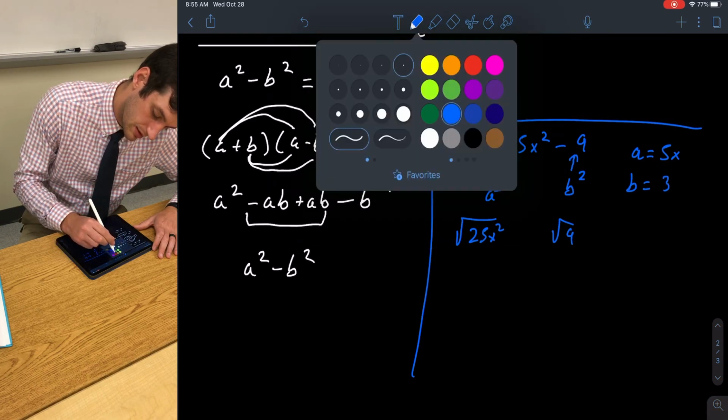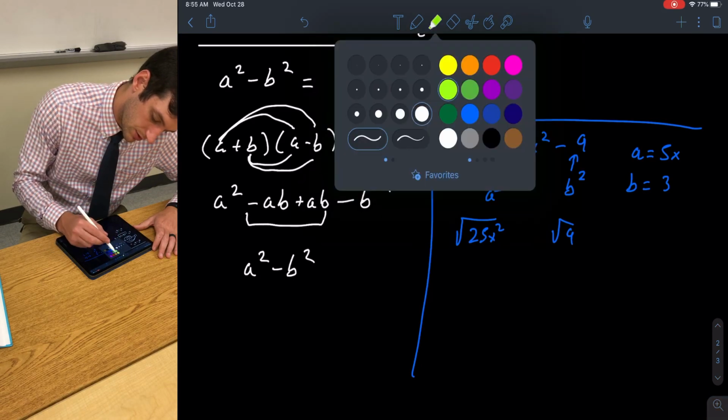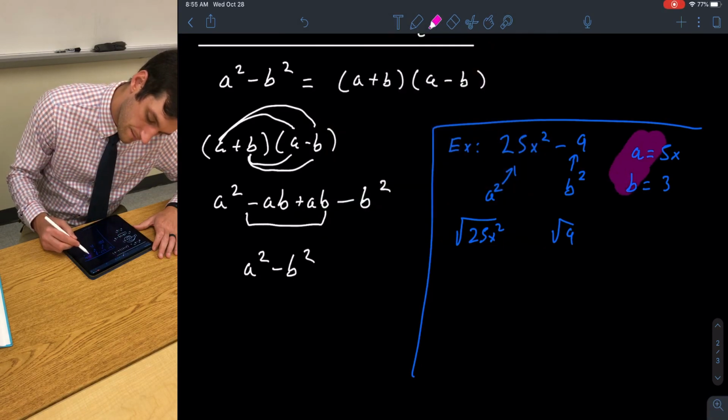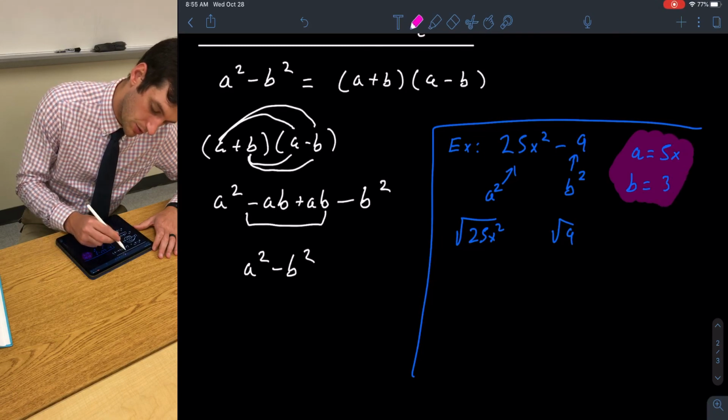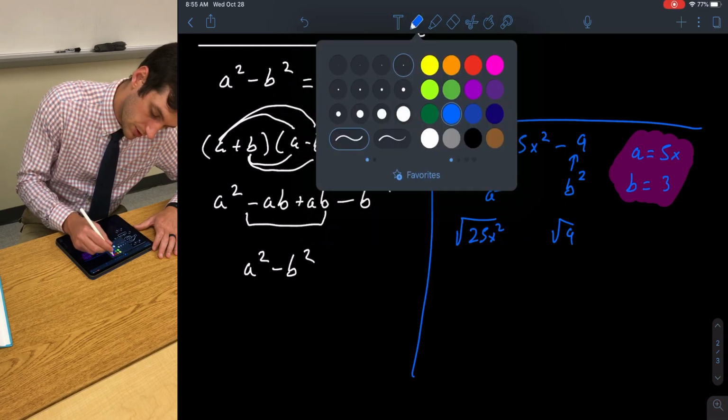I'm going to highlight this in pink. That tells you what your a and b are equal to. Let's write this in yellow.